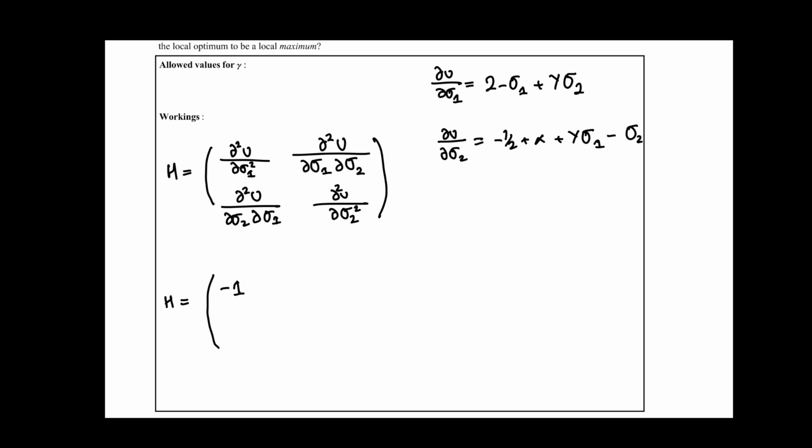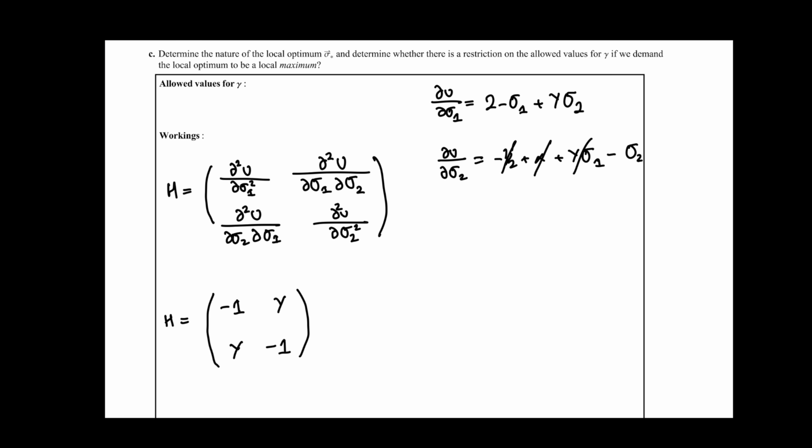Differentiating this with respect to sigma 2, this goes, and we're just left with y. Now if we move on to this, differentiate with respect to sigma 1, this goes, because they're all constants, and we're just left with y. And if we differentiate this with respect to sigma 2, this goes, and we're just left with minus 1. So that is our Hessian.